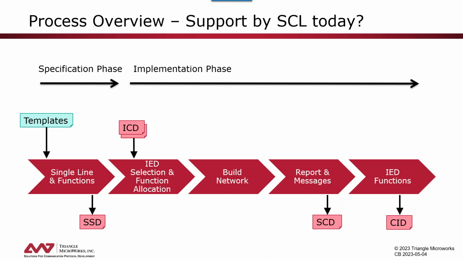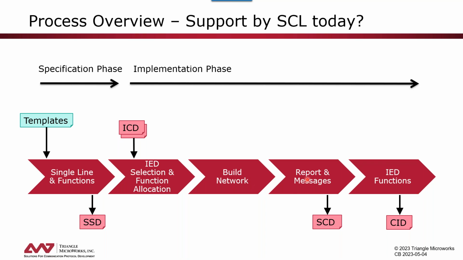During the process, in the edition as published today, we basically have file support in SCL. When we finish the specification, we can export what we call a system specification description, which can then be used by the system configuration tool together with the IED capability description that we get from the vendor tools to start the design. The whole design is then done using the system configuration tool.